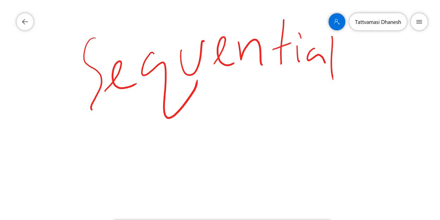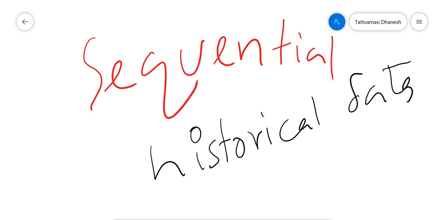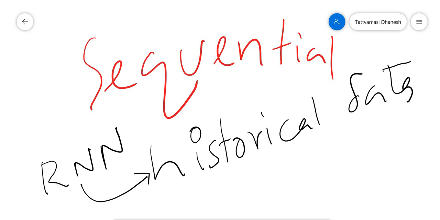The traditional feed-forward network is not using historical data. But RNN uses historical data, because RNN is used to process sequential data.